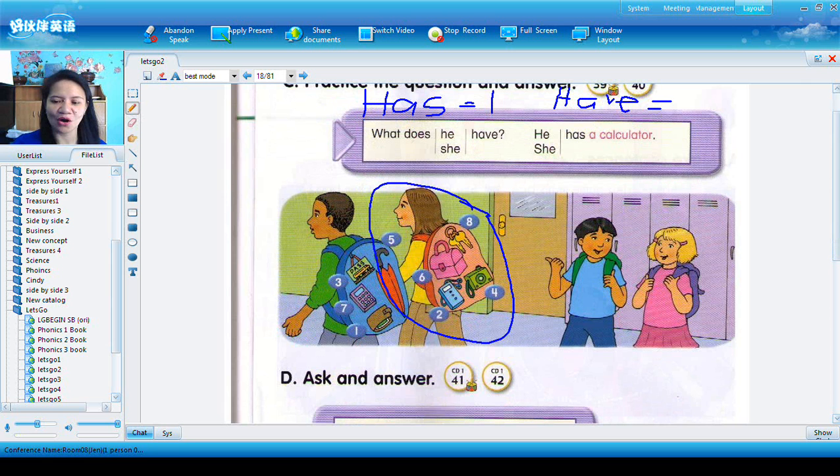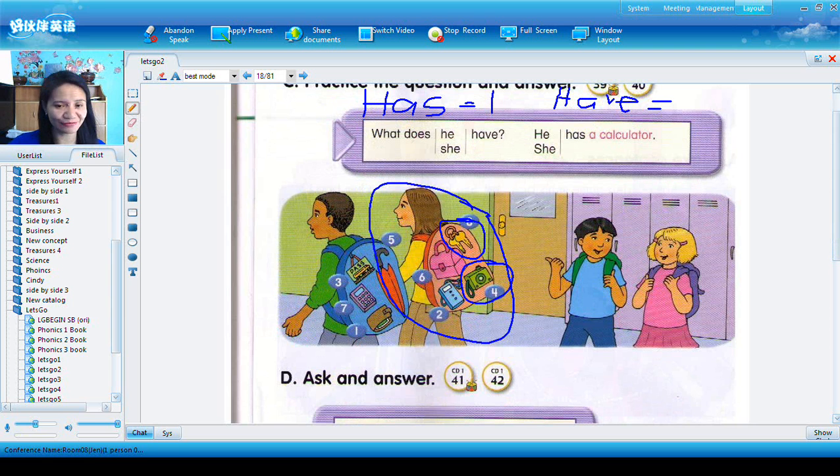Look at that. What does she have? You'll say, she has a keychain. And she has a camera.